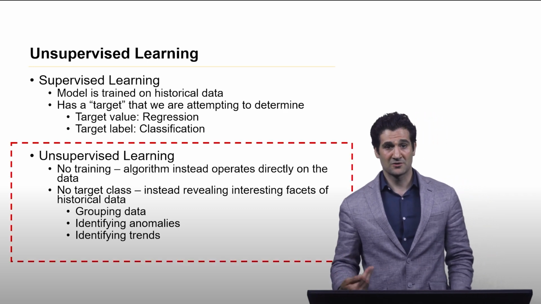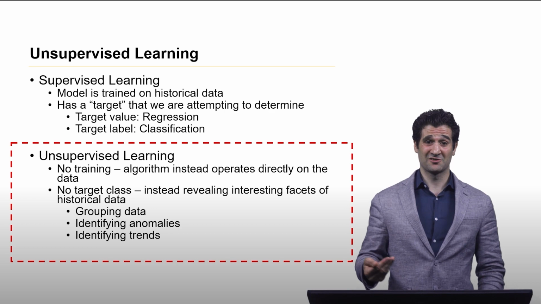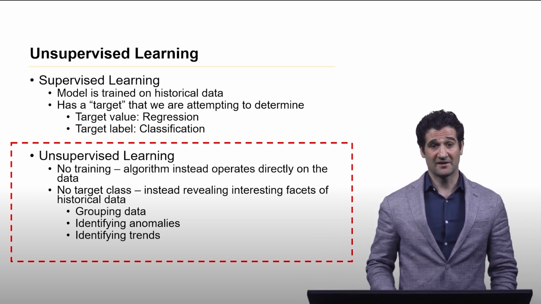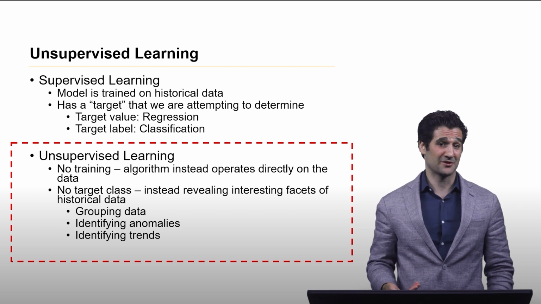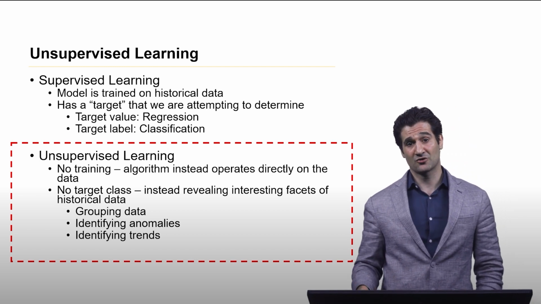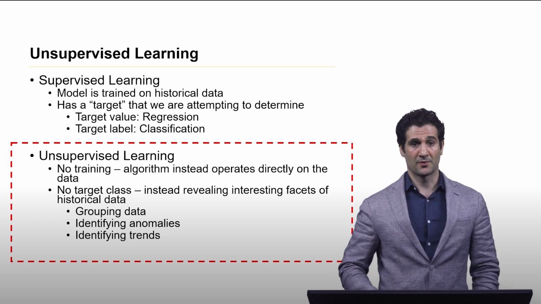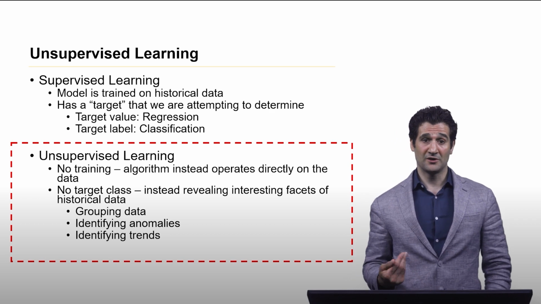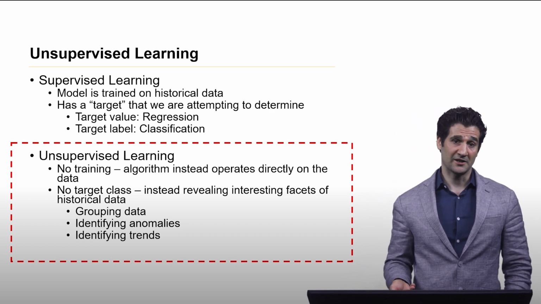Unsupervised learning, like I mentioned before, is kind of like average. You're just trying to make some determination about this bunch of data that you have. Maybe you want to group it in a certain way. Maybe you want to identify an anomaly or a trend. That's what unsupervised models are designed to do. And they're very useful when you have no class data.